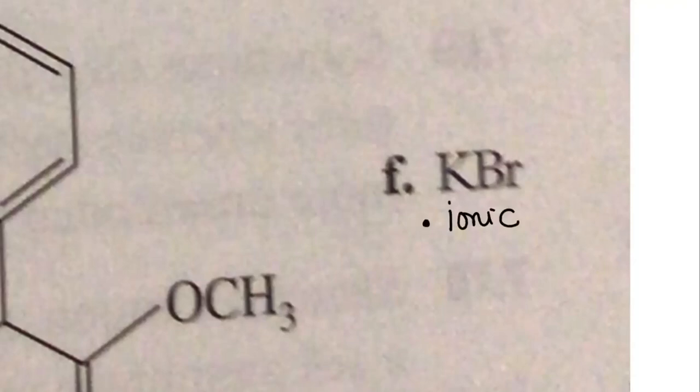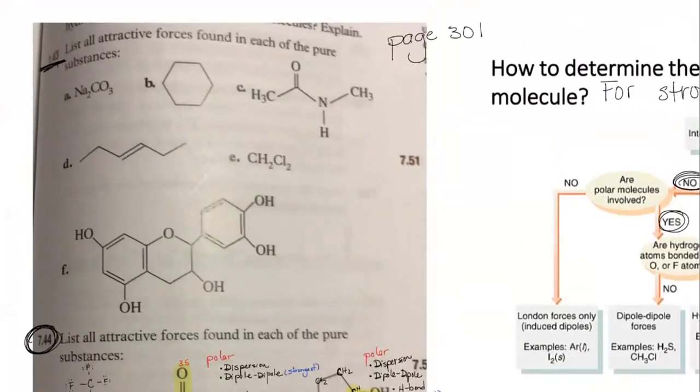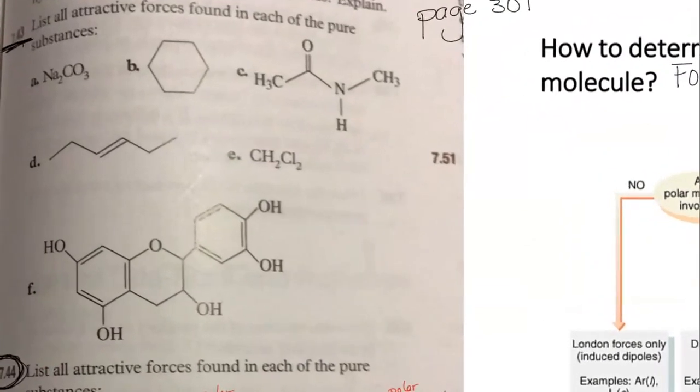So for this concept, I want you guys to picture some of the material that we already discussed. Like, do I have an ionic compound? Do I have a covalent compound? If I had to have a covalent compound, is it polar? Okay, let me see if we got this. So if we look at 7.43, okay, let's put on the chat, which of those compounds will have an ionic attractive force?